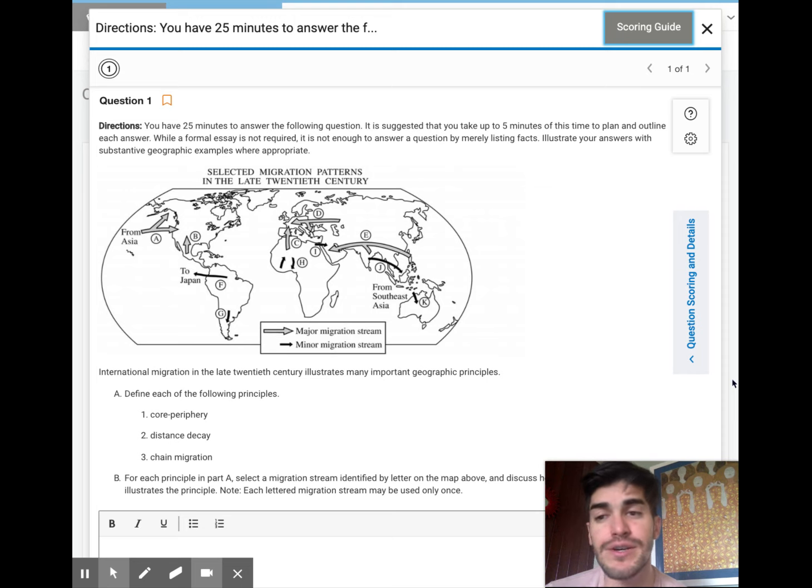While there could be Central Americans and Mexicans in other parts of the United States, they're in a much greater number in states like California, Arizona, New Mexico, and Texas due to the principle of distance decay, which says that they would be more likely to settle in a place that is closer to the place of origin. That's a good response. It may have sounded repetitive, but you need to show that you know the principle you're talking about.